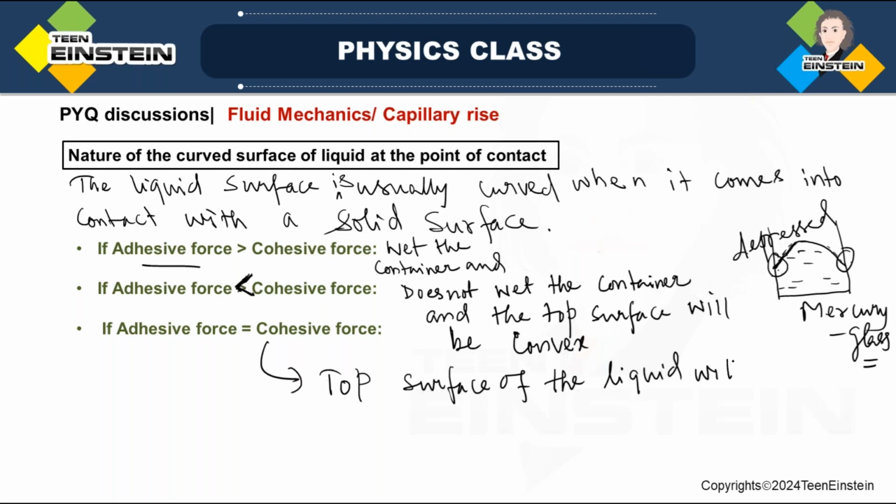It will be like this, and I'll give you examples in the next slide of when it happens. So this is the liquid surface, a plane surface. This happens when the adhesive force and cohesive force are of the same strength, for some liquids.